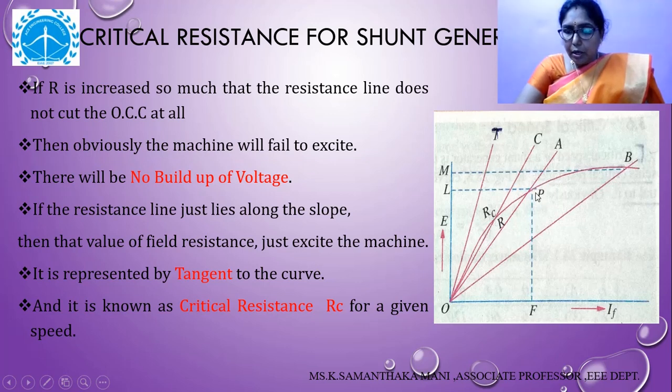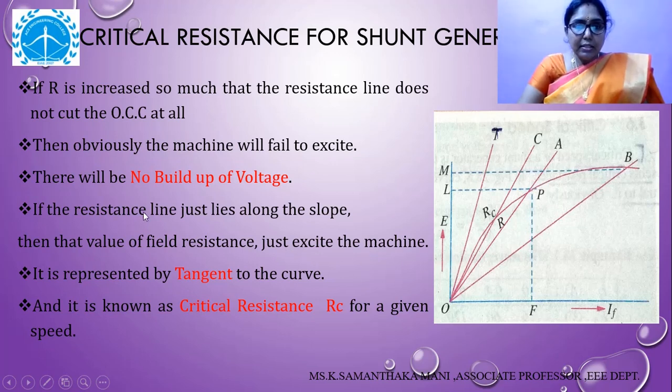If I drop from that point to the x-axis and y-axis, then the voltage divided by the concerned current will give you the resistance value. In the same way, we can calculate different resistance values for this OCC. But which resistance is known as the critical resistance? It is the one that just excites the machine.